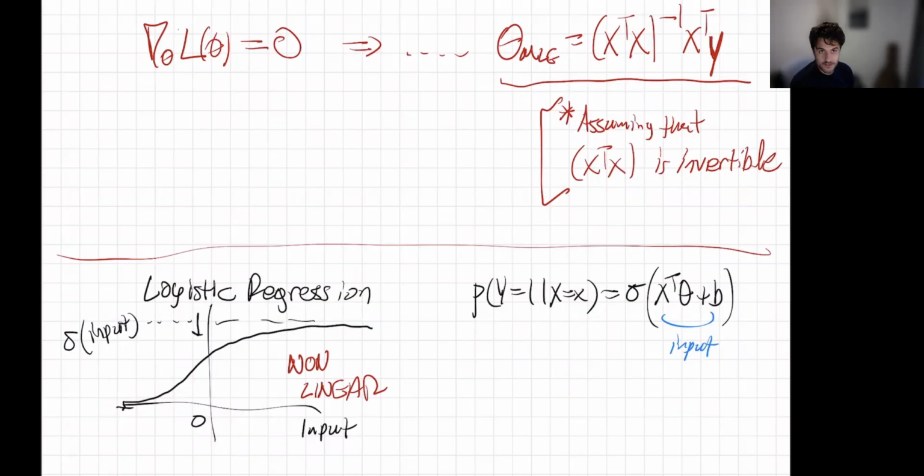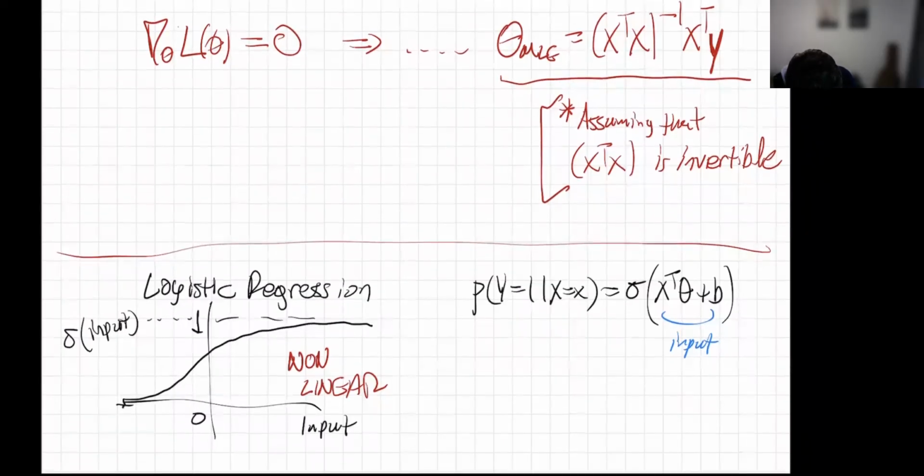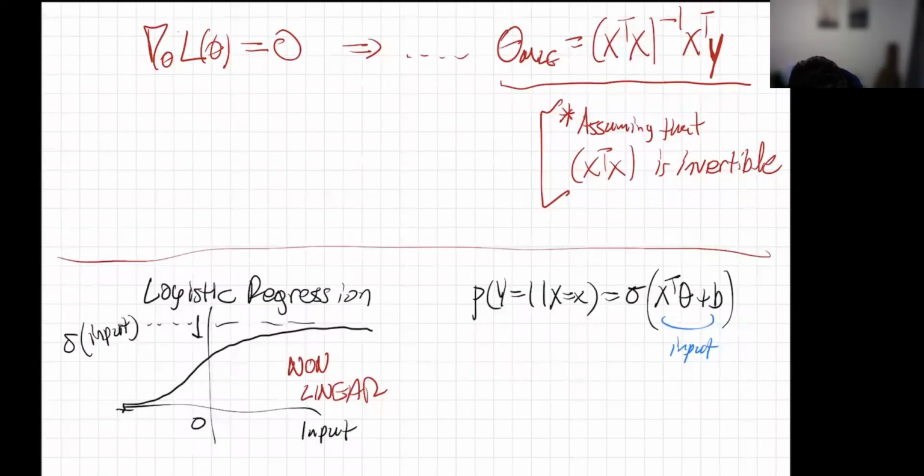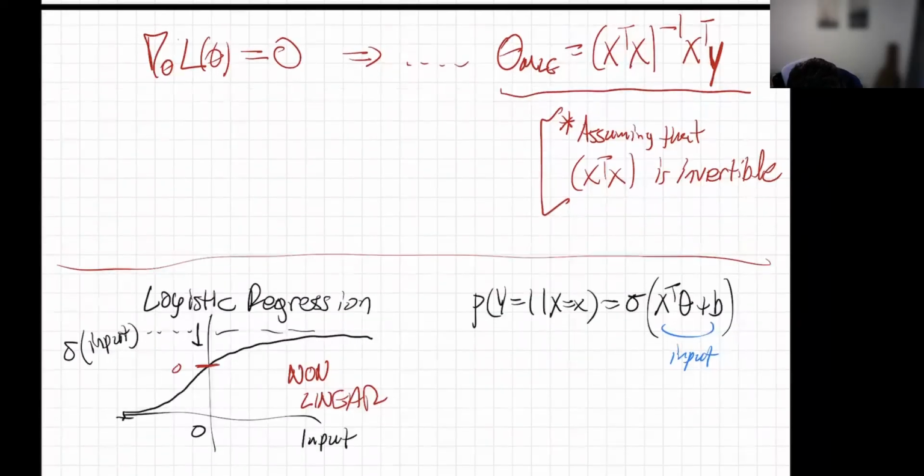Why do we still call it a linear method? It's exactly the definition you gave above, right? Because it will actually give us a hyperplane. How do we decide to classify? If we want a hard classification rule, we will apply a threshold. I'll say that this is 0.5 and this will be my threshold.